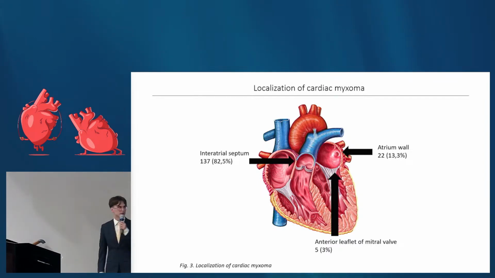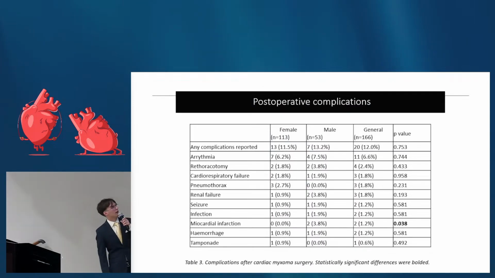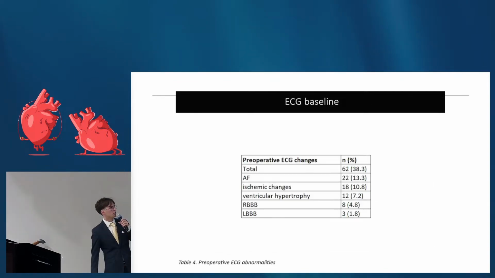It happened in this place in more than 80% of our population, and only 2 of our patients had 2 cardiac myxomas during the surgery. The complications are presented in the table, and only 12% of the patients had any complication after the surgery. But I will focus more on the EKG changes pre- and postoperatively.